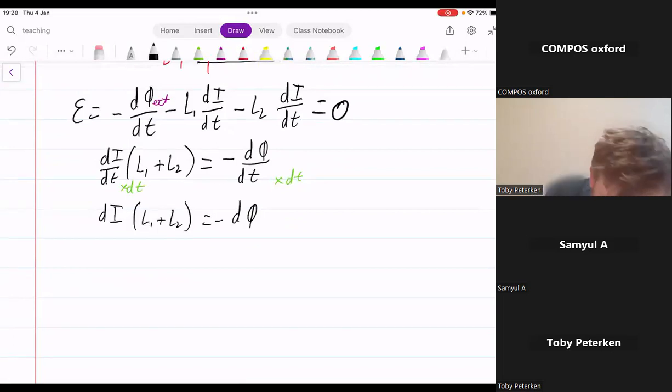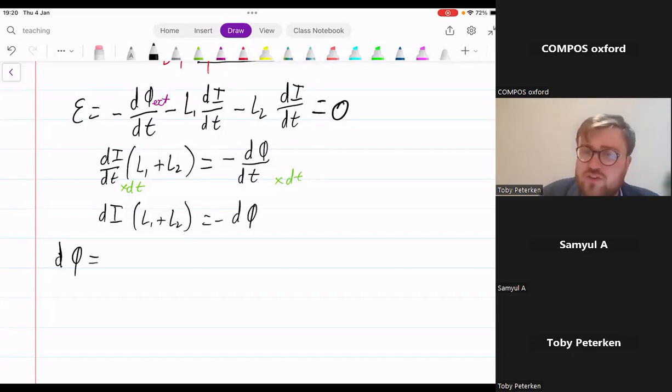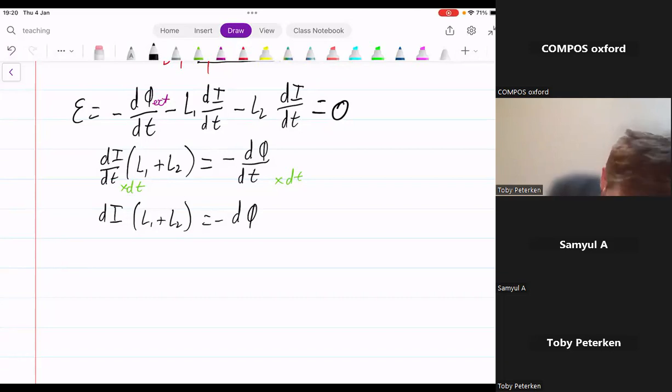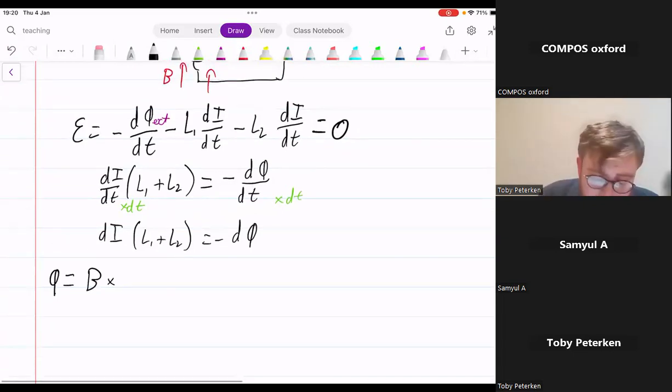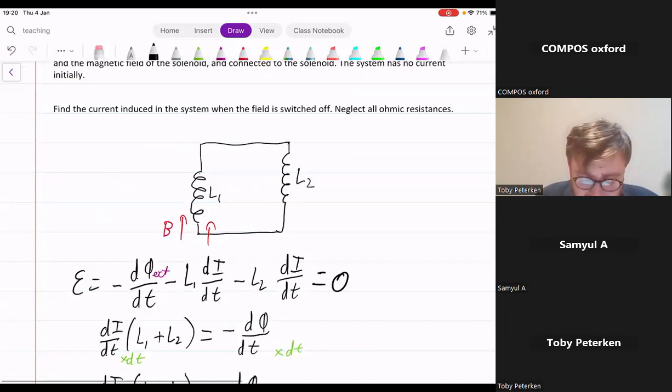Now, what is d phi equal to? Or rather, what is phi equal to? And then we'll look at the change. So let's start off with phi equals the magnetic field times area.